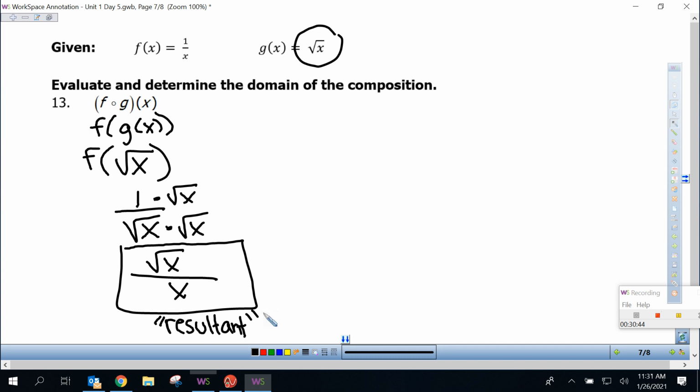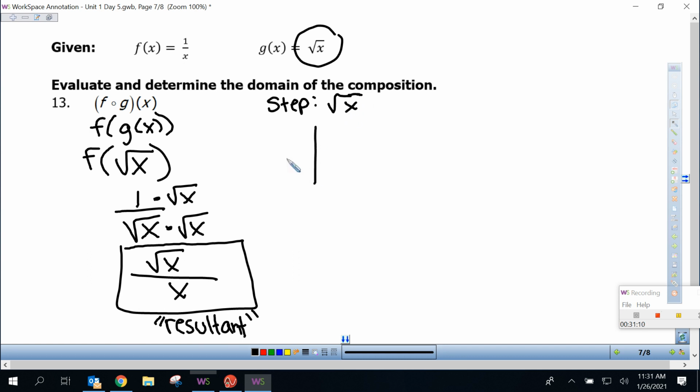Okay, so now you find the domain of the composition. Step 1, you find the domain of the initial function, which is just the innermost function, g of x, and the equation for g of x is square root of x.